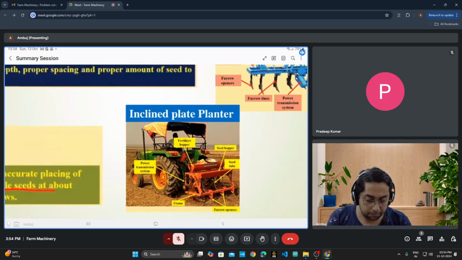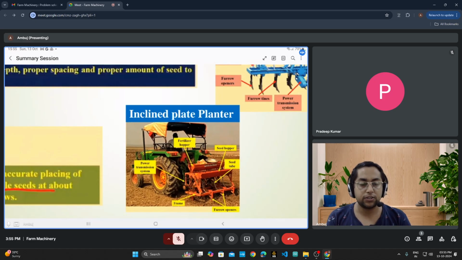Then the inclined plate planter is there, with different components: fertilizer hopper, seeder hopper, seed tube, furrow opener, frame, and power transmission tube. Please remember that in the case of a seed cum fertilizer drill, the fertilizer placement is at a certain offset distance from the seed placement.